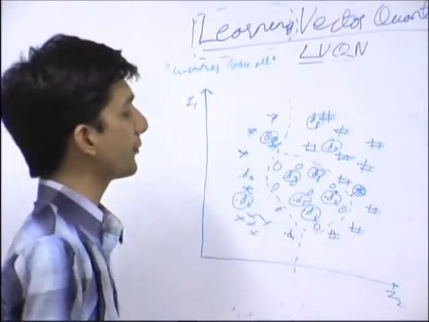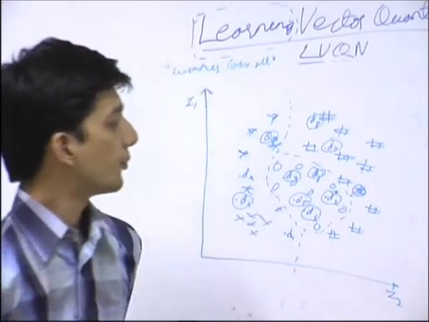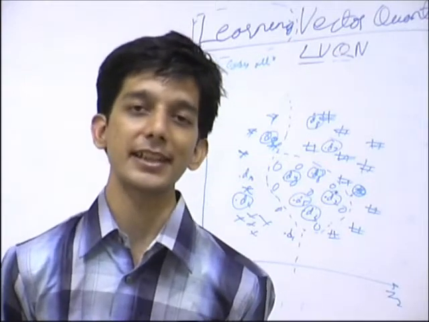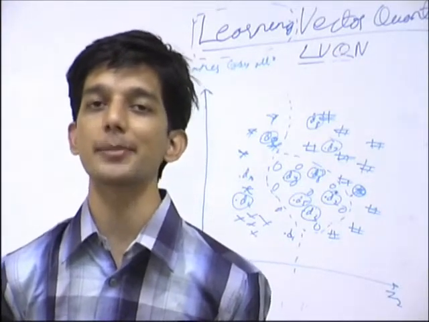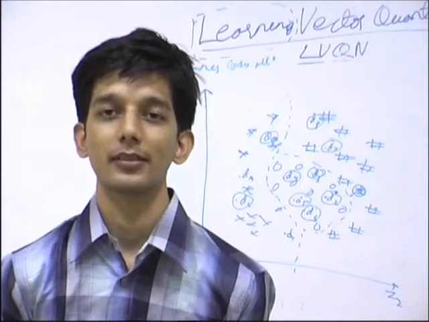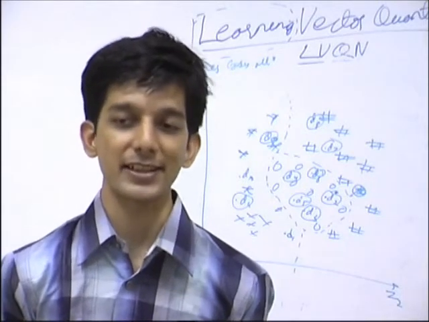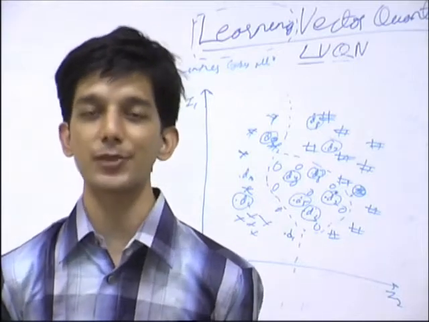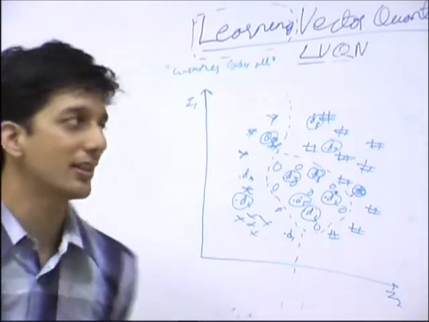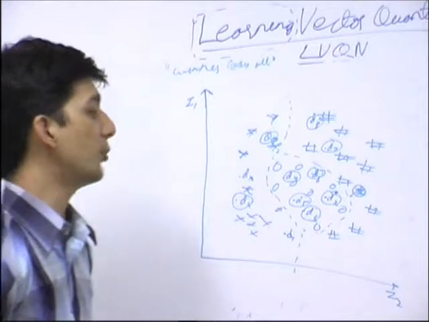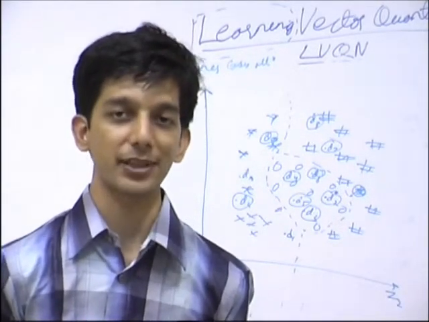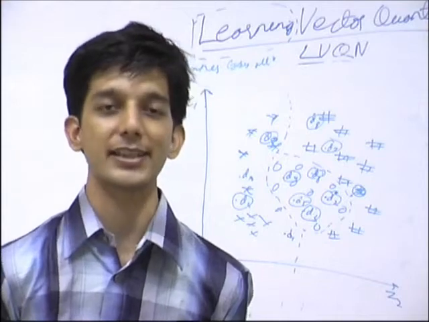Now for this point of time, I assume that all the data centers know the class to which they belong. In the RBFN, we had assumed that all the data centers know the kind of output that is located in that region. The same assumption I carry out over here. All the data centers know the class to which they belong, or the kind of output that is prevalent in the region in which they exist.